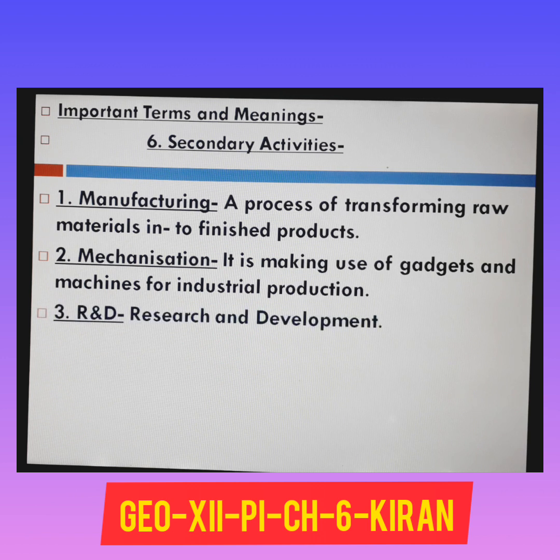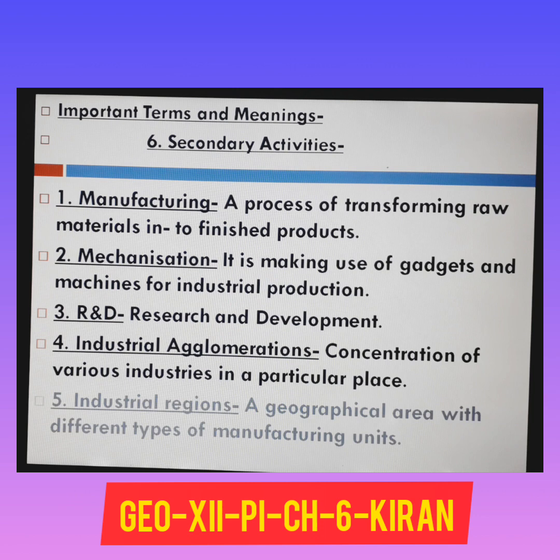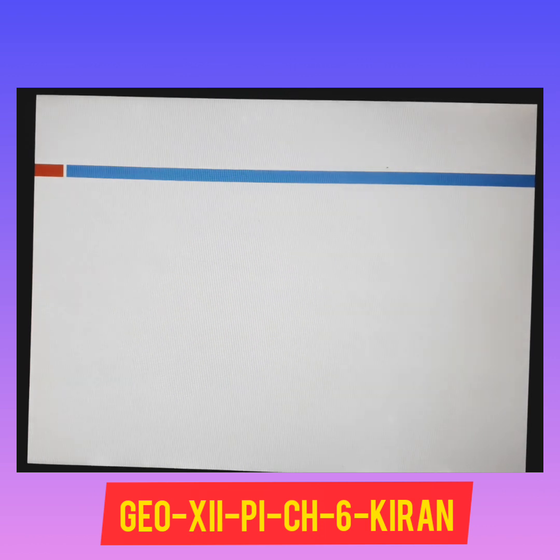Research and development, generally it is given as R&D. Industrial agglomerations, concentration of various industries in a particular area, place or region. Industrial regions, a geographical area with different types of manufacturing units.